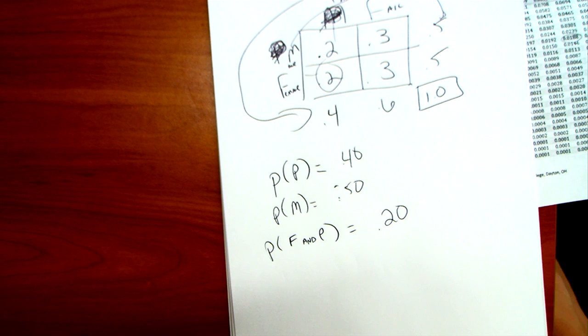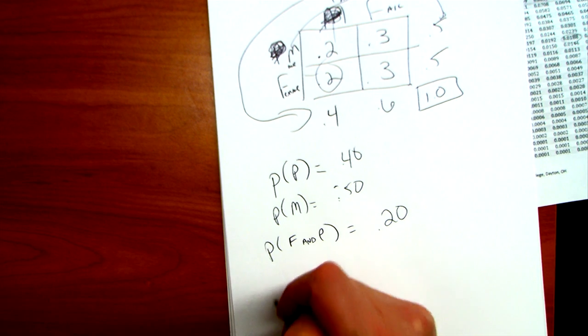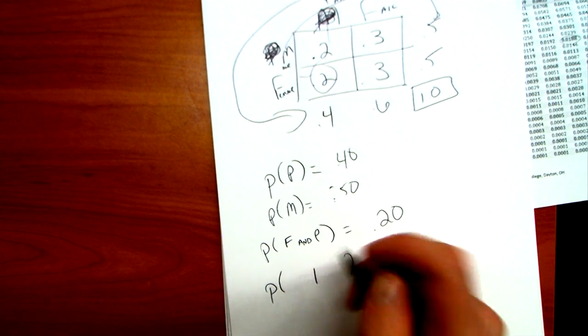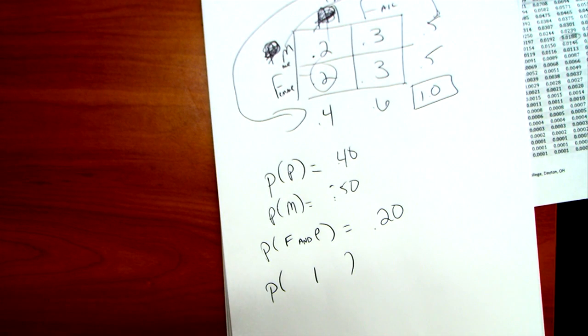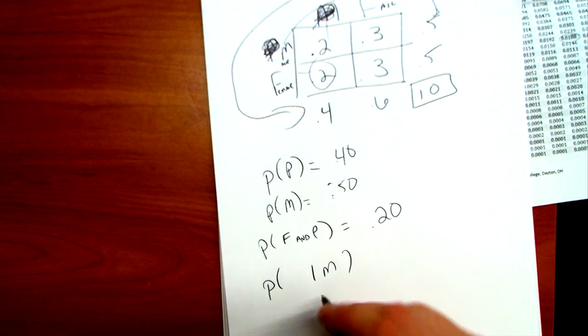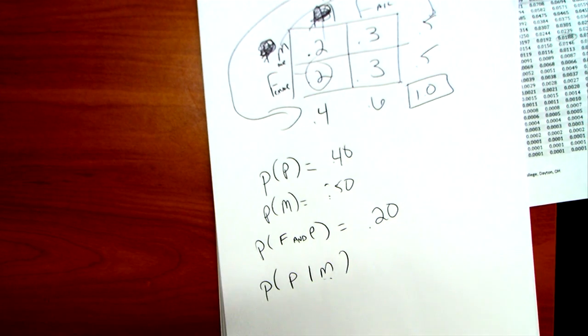Now the thing you guys missed the last test at an alarming rate was the conditional stuff. So if I said, if the student is male, what is the probability he passes? So what is the given part that I want to put second? What is the known part? If the student is male, so given he's male, what's the probability he passes?